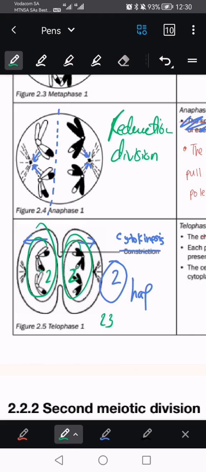That is what we're looking at. We're looking at the halving of the chromosome number, not the doubling of the cell number. That is not significant to us. We went from 4 chromosomes to 2 chromosomes. That is the significance of reduction division.